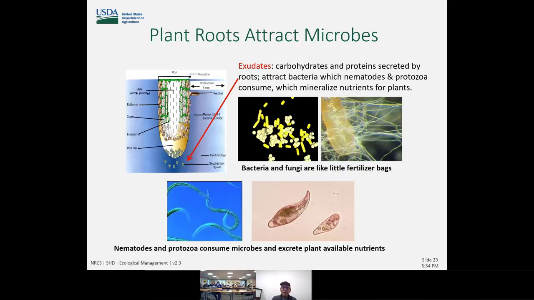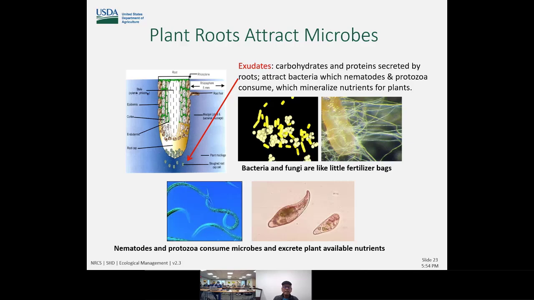They are carbohydrates. They're also proteins secreted by the roots that attract bacteria, fungi, nematodes, protozoa, and all others, earthworms. So everything actually mineralizes nutrients for the plant.